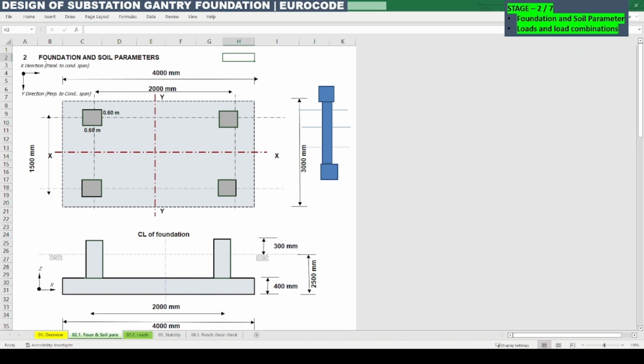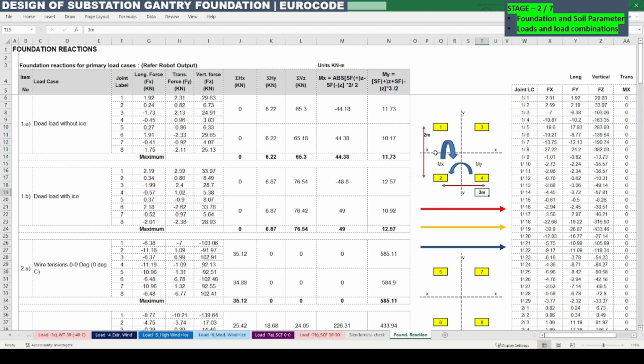picture. So you can see in this Excel sheet the picture of the foundation sketch, which is showing x direction parallel to the conductor span and y direction perpendicular to the conductor span. With the 4 pedestals, I had considered similar dimensions here, but one change we need to make as per this structure.